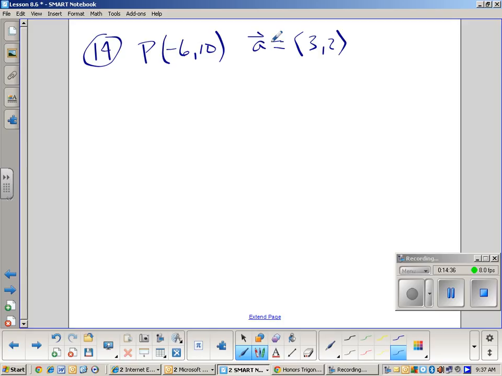They want us to write a vector equation, and then the parametric equation. So the vector equation we've already done from this. Go ahead and do that real quick.